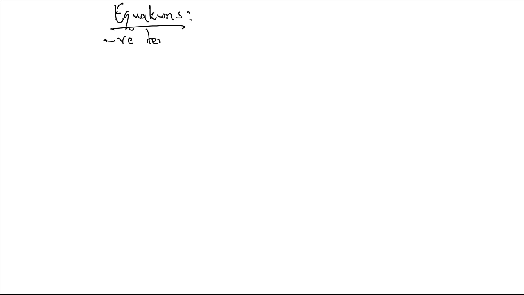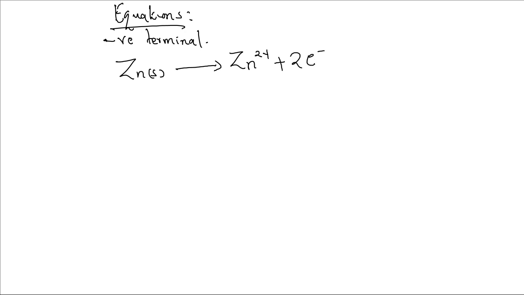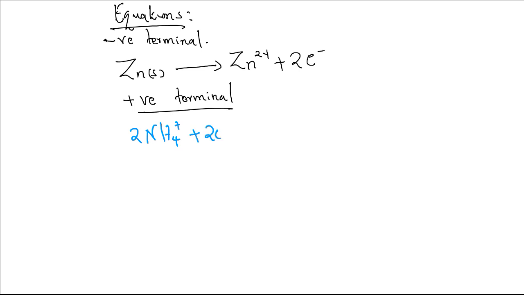Always there is oxidation, so that is zinc solid oxidized to give zinc ions. Then at the positive terminal we have ammonium ion gaining 2 electrons to form ammonia gas and hydrogen gas.